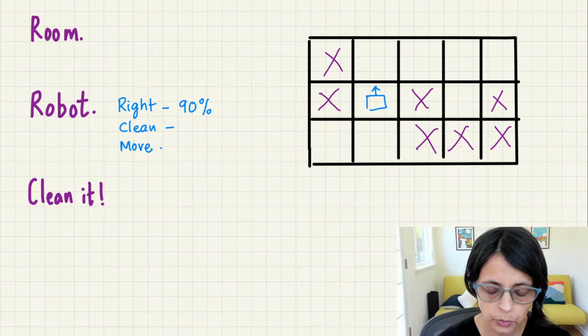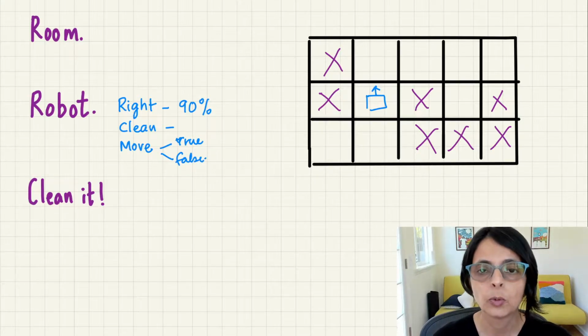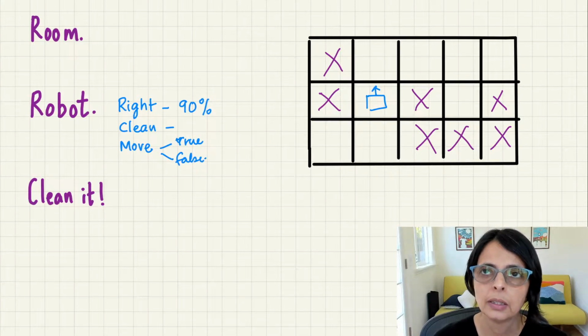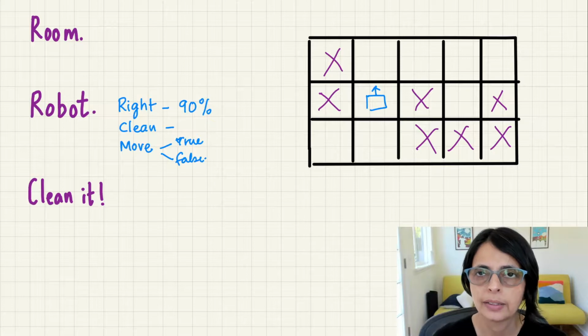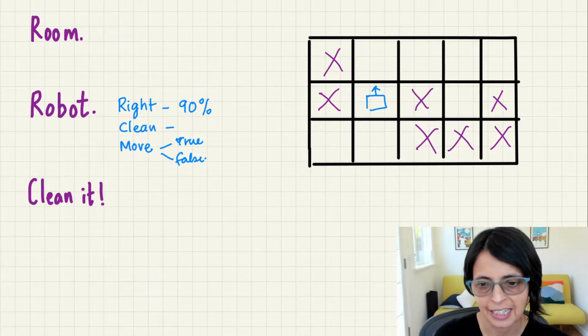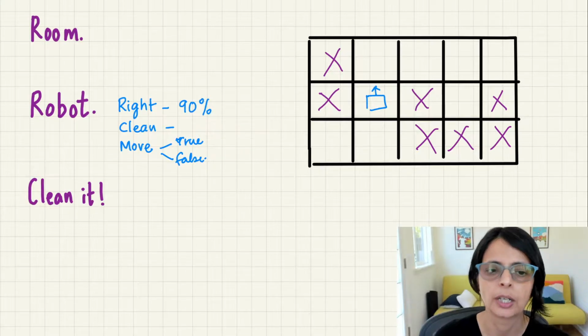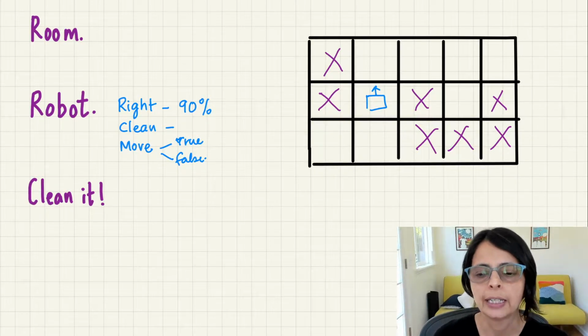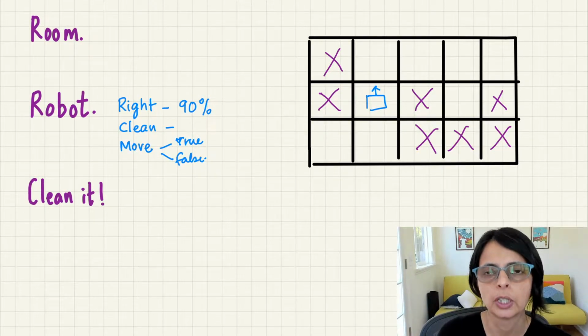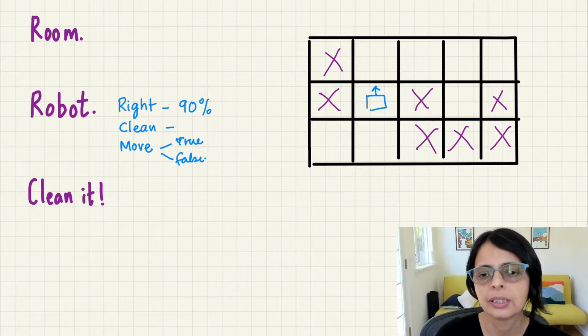Now, move may return either true or false. When will it return true? When the cell that the robot is facing exists and is free. When you invoke robot.move, it will attempt to move the robot to the cell that it's currently facing.